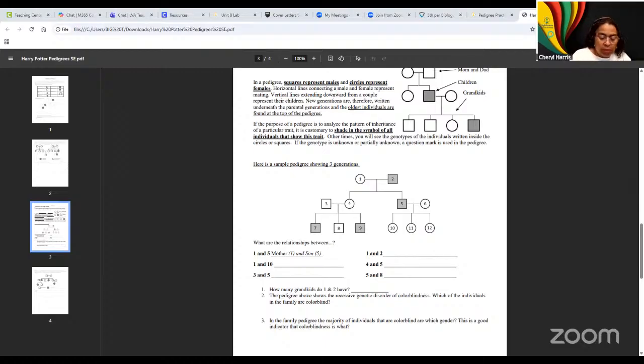1 and 10. So we said 1 is grandma, and that's the first one. 3 and 5 are brothers-in-law.